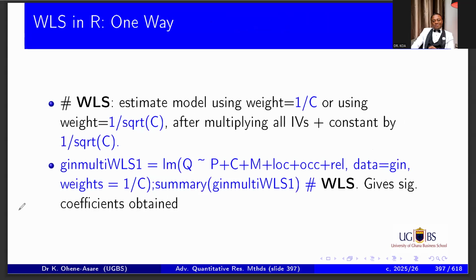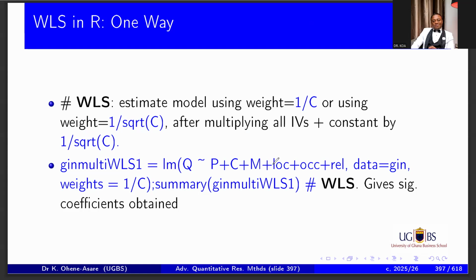So here, again, I ran it in R for you to see. How do you do it? First, you estimate the model using the weight, 1 over the complement price. So I'm creating a weight, and the weight is 1 over the square root of the complement price, after multiplying all the independent variables plus the constant by 1 over the square root of C. You first have to do that. It will do it for you; you are just commanding it. Then you create a model called WLS.